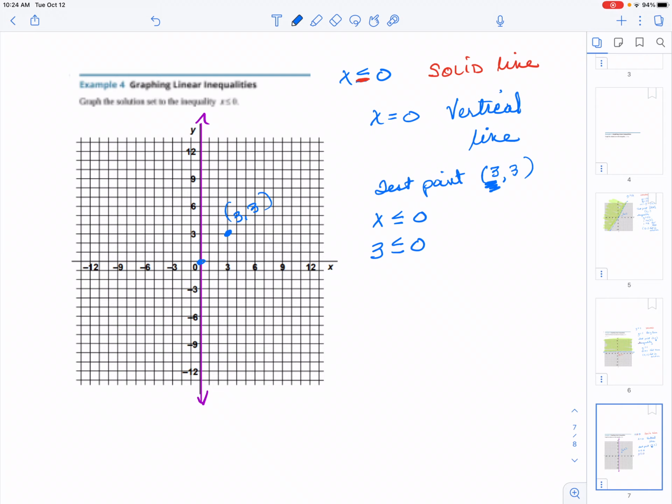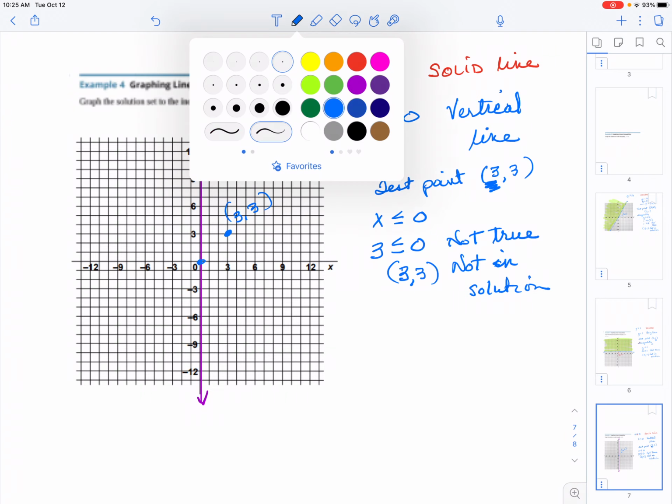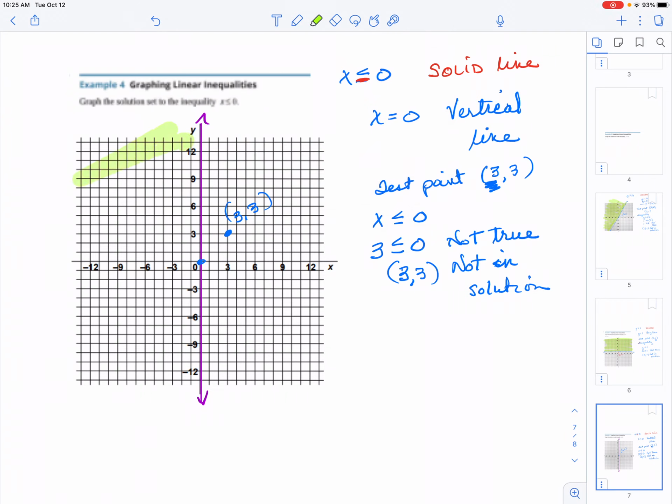Is 3 less than or equal to 0? That is not true. So that means that this point (3, 3) is not in the solution, not in the half plane that I'm looking for. So since that is not in the solution, I'm going over here to the other side and shading that.